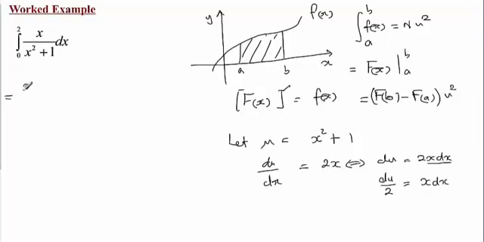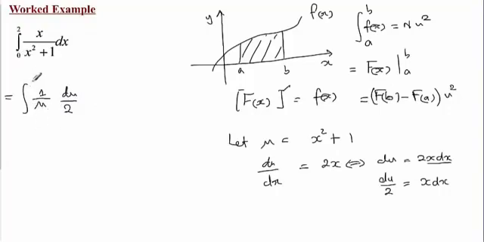So we'll write the integral here as 1 over u du over 2. Then the question we need to ask ourselves, after this substitution, is what happens to the limits of integration?